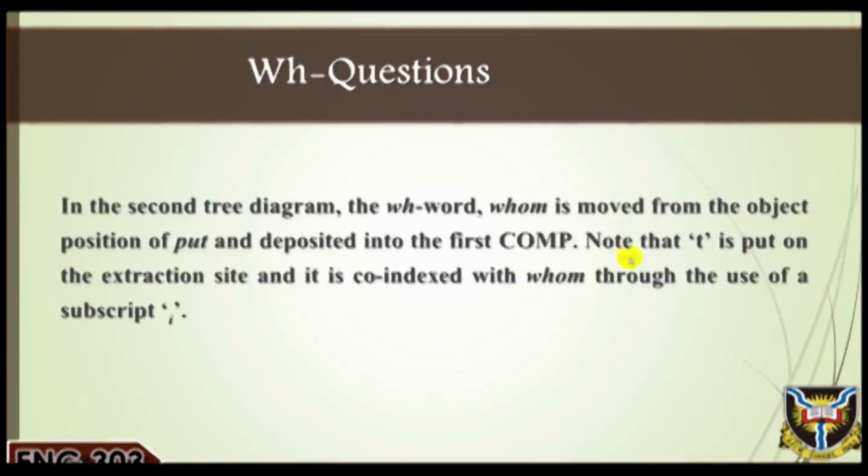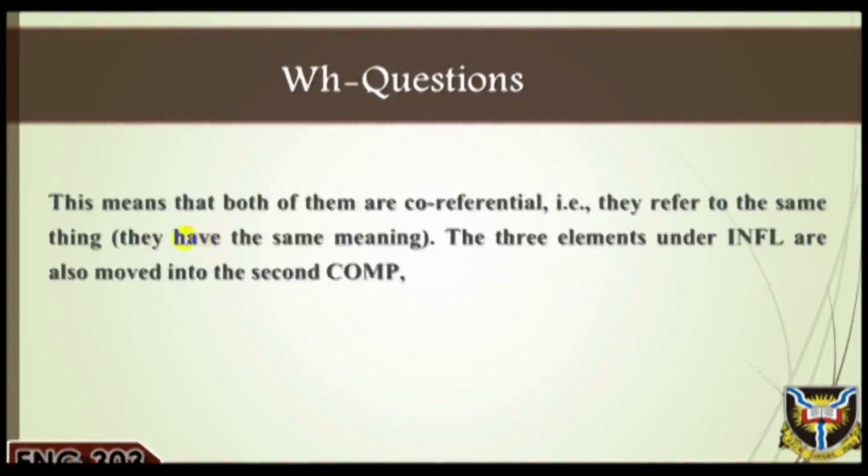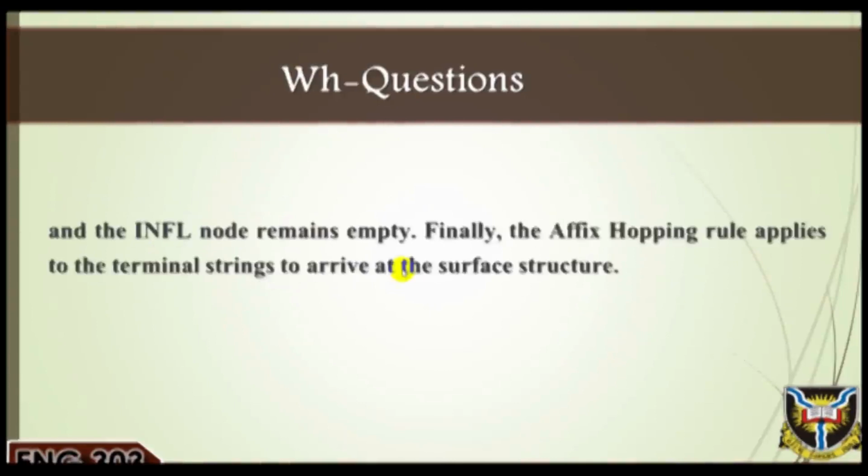Note that t is put on the extraction site and it is co-indexed with whom through the use of a subscript. This means that both of them are co-referential, that is, they refer to the same thing. The 3 elements under INFL are also moved into the second COMP, and the INFL node remains empty. Finally, the affix hop rule applies to the terminal strings to arrive at the surface structure.